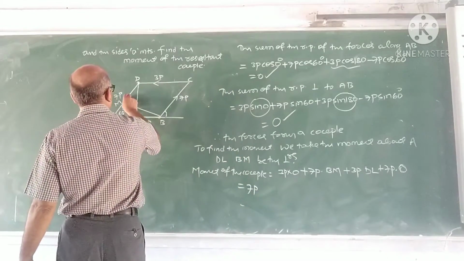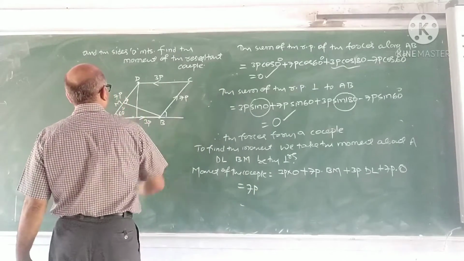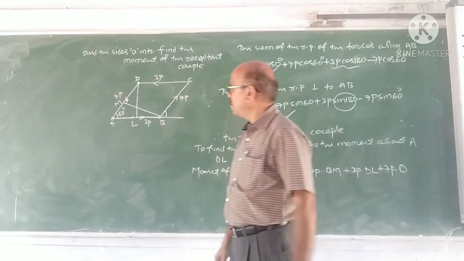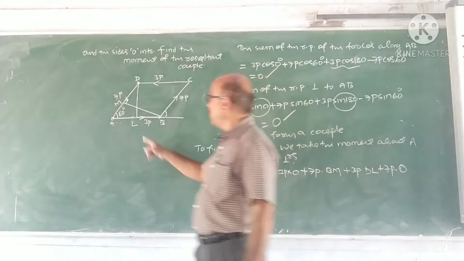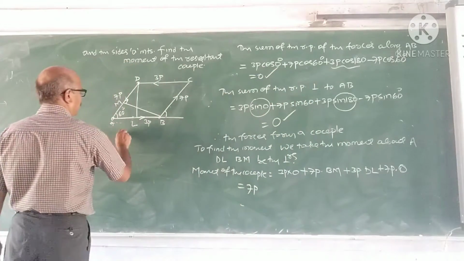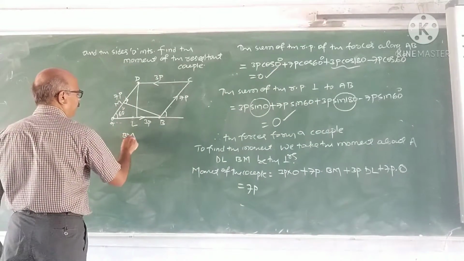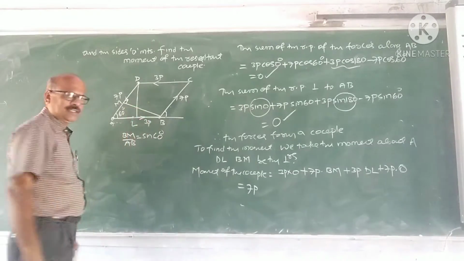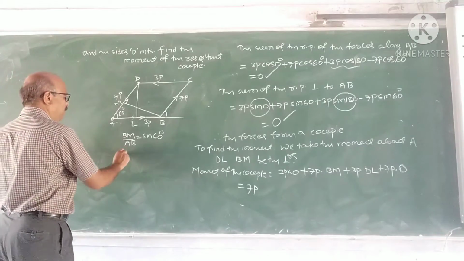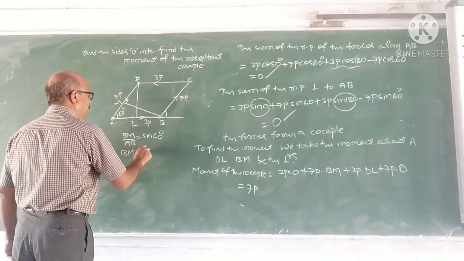How to find BM? This is a perpendicular. We know this AB, so I take BM upon AB. What is BM upon AB? Sin 60. BM is the opposite side. What is BM? AB sin 60.